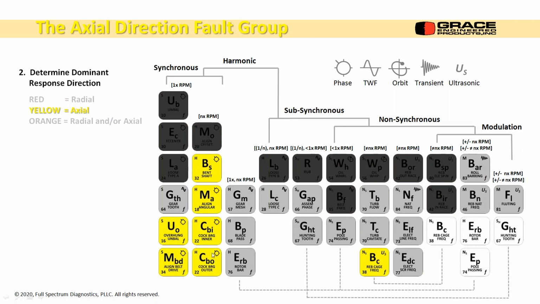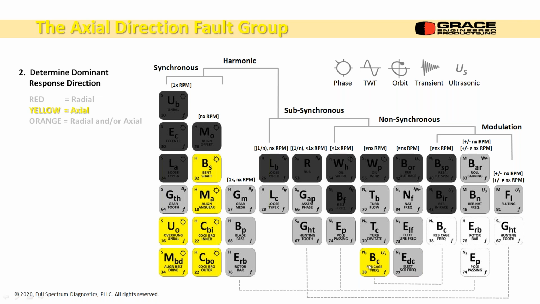And this is the big separator in the synchronous problems. If we have radial response, there are 4 possible synchronous problems that produce radial response. If we have an axial response, there are 6 possible. And the gear is orange, it can be in either direction. But we can wipe out a whole bunch of possibilities right off the bat with knowing what direction is dominant.